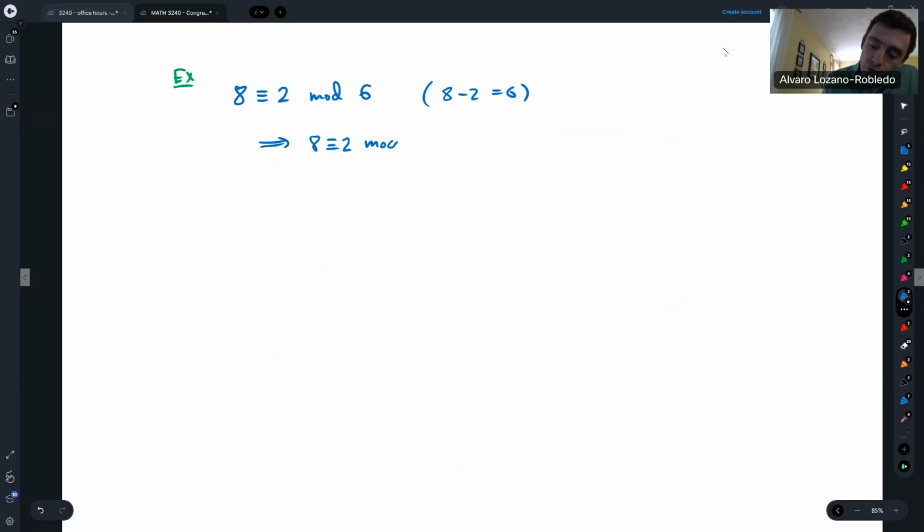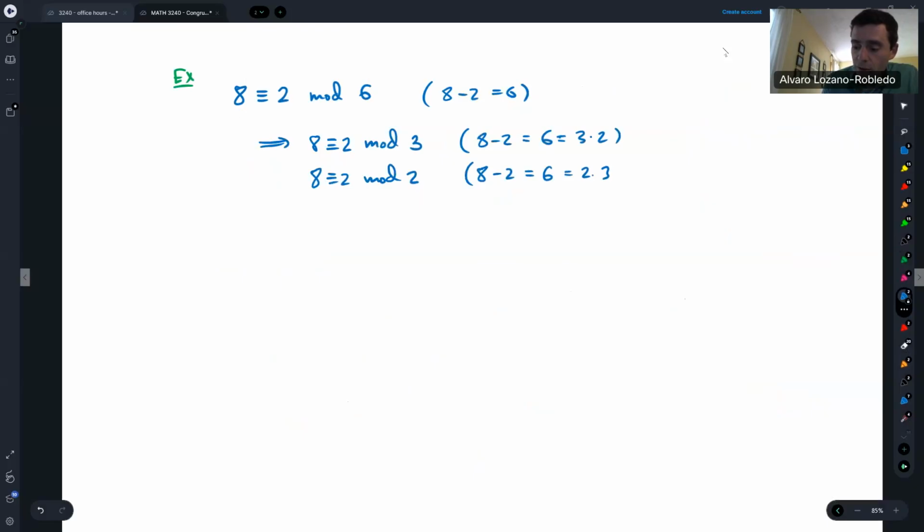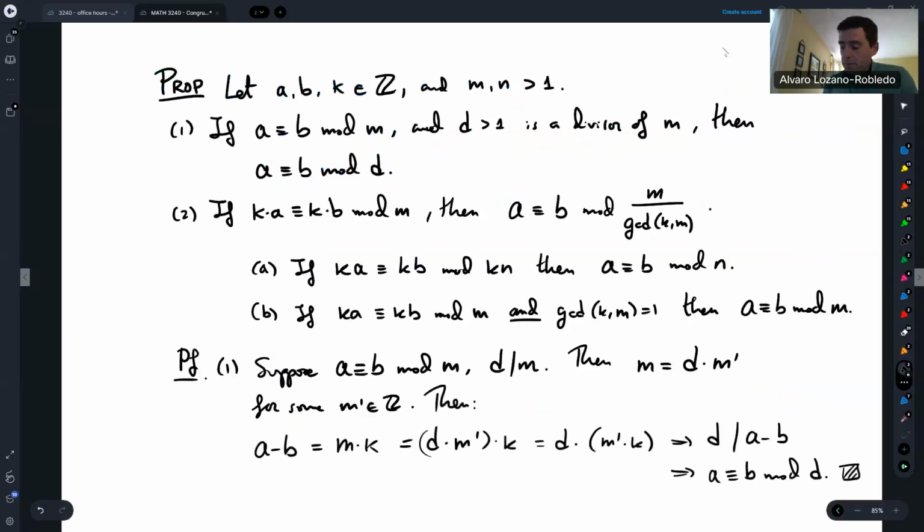So this is also true modulo 3, because 8 minus 2 is 6, which is 3 times 2. And 8 is congruent to 2 modulo 2, which is true because 8 minus 2 is 6, which is 2 times 3. That's what it's saying. All right, let's then prove part 2 of the theorem. This is the statement that I want to prove.